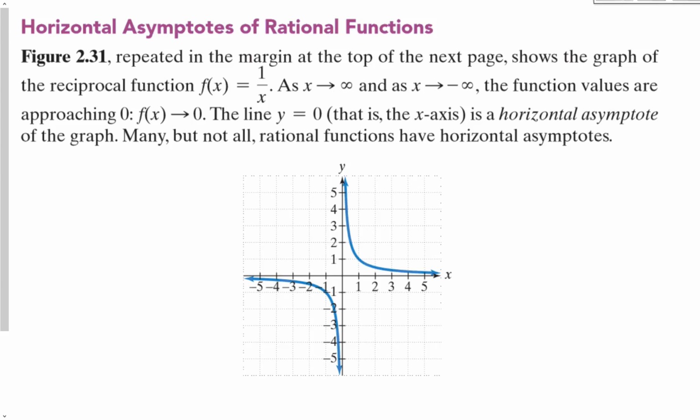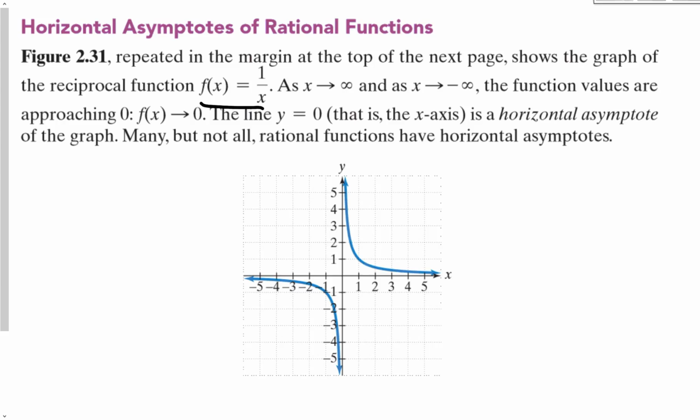Next is horizontal asymptotes. So here is my graph of the reciprocal function. As x approaches infinity and as x approaches negative infinity, the function values are both approaching 0. f of x approaches 0.